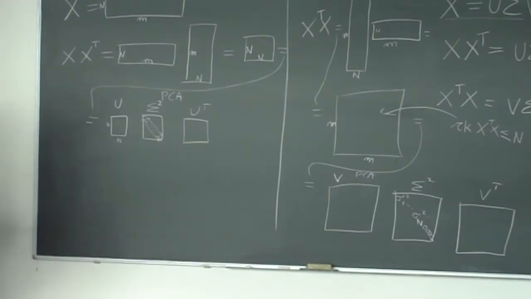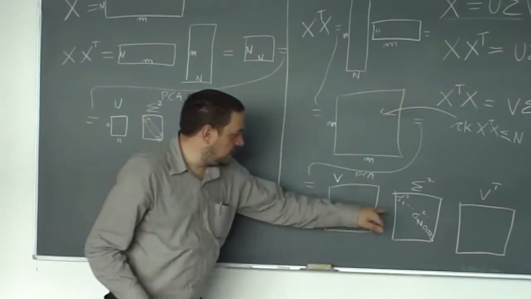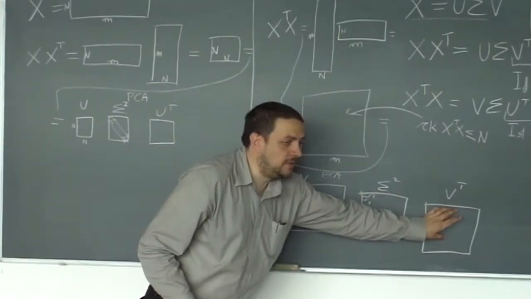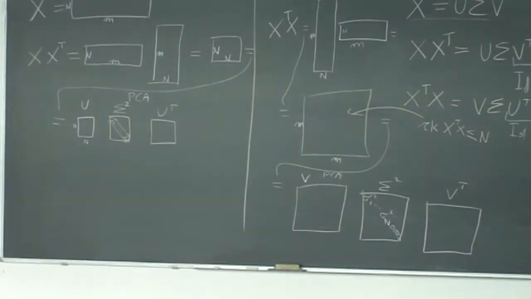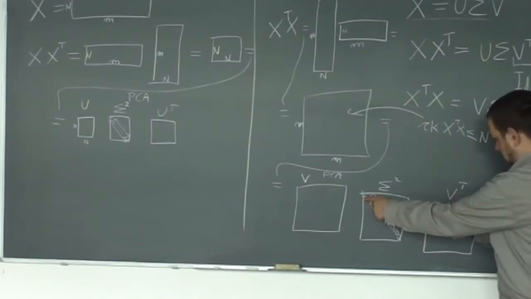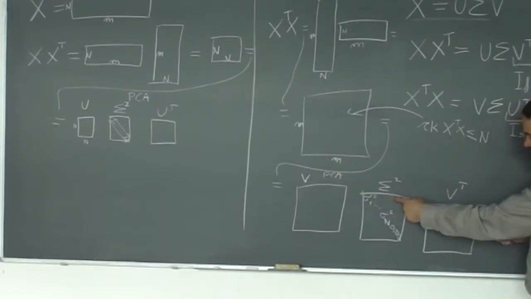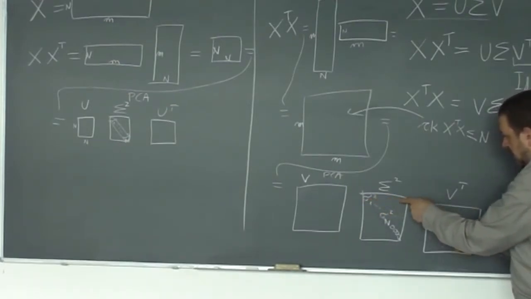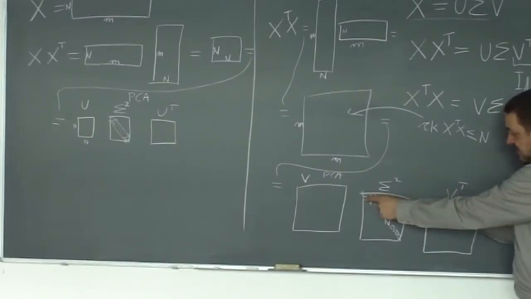Now, what happens when you multiply, for example, this sigma squared matrix by this V transpose matrix? When you multiply row by column this diagonal matrix and V transpose, you get that the first row of V transpose is multiplied by sigma 1.